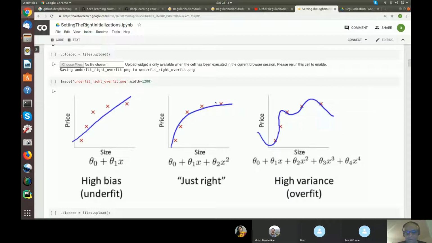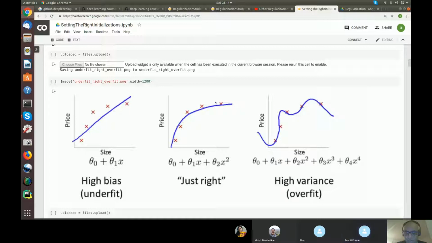My question that I would request you to answer is, how do we take the model on the right and move it closer to the model in the middle, which is just right? Force theta 3 and theta 4 to go to 0. Right.